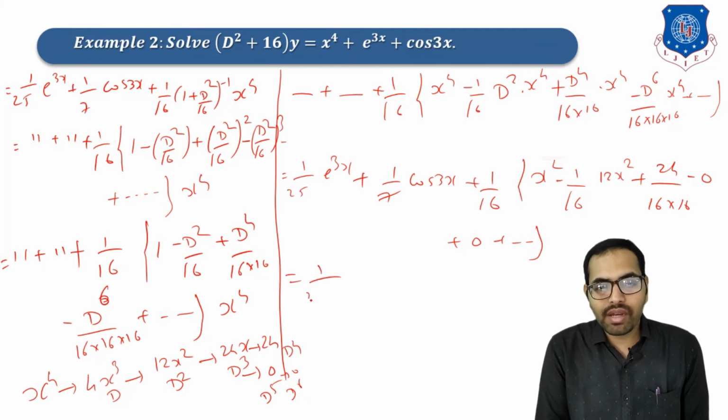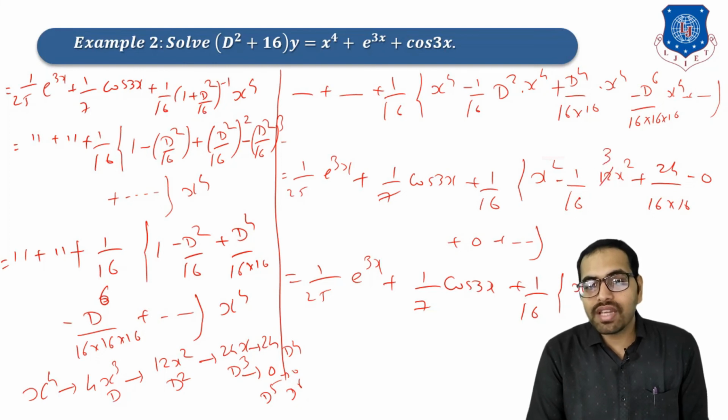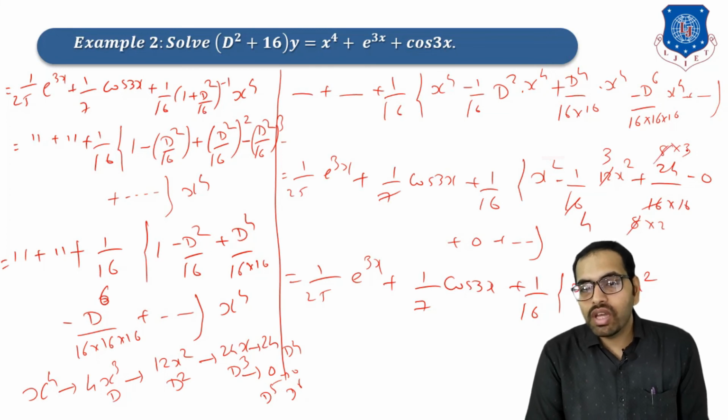Now simplify that term: 1 by 25 e raised to 3x plus 1 by 7 cos 3x plus 1 by 16. Here 4 3s are 12, minus 3 by 4 x square. Here 8 2s are, the 8s cancel out, then 3 by 32.